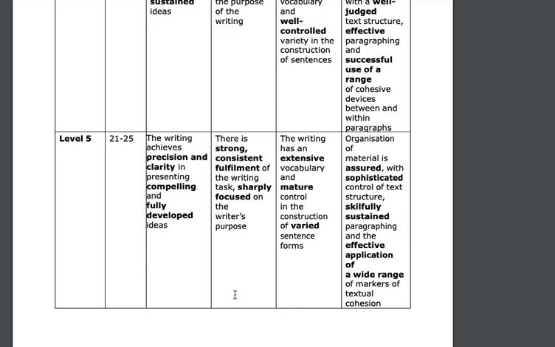I think think more carefully about your markers of textual cohesion. Use some more participles, I think, and more adverbial phrases to start. Happily, luckily, decidedly.